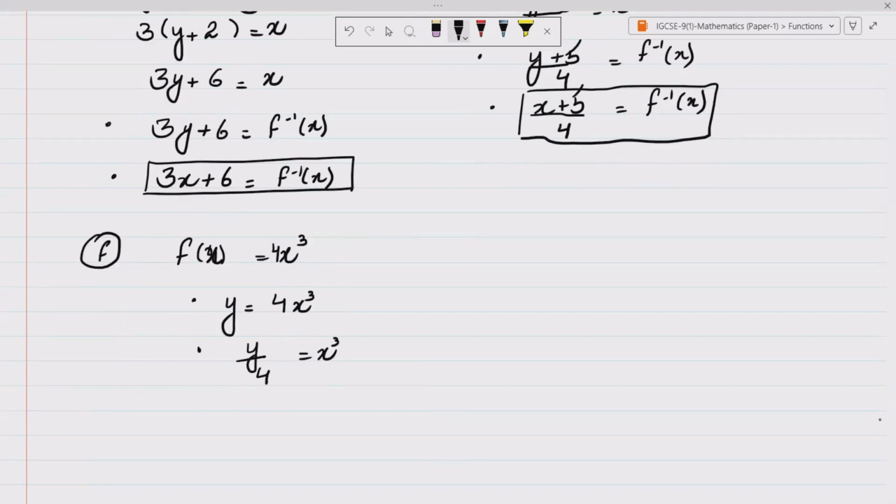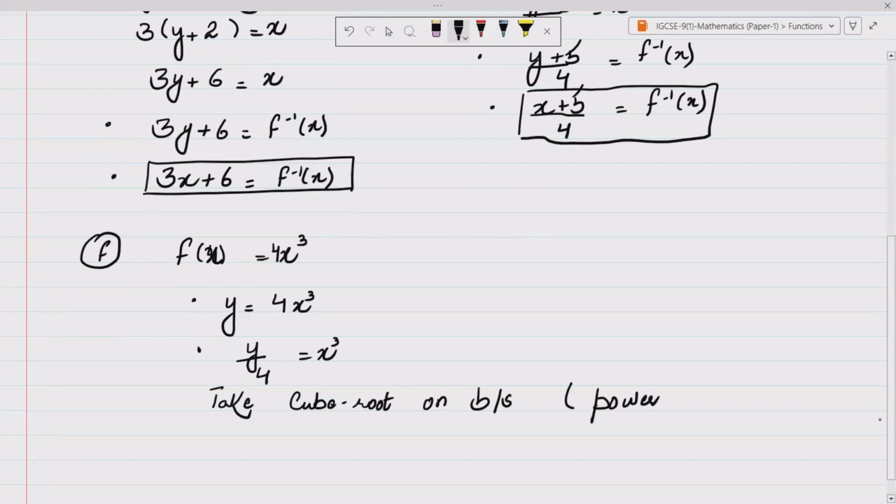Now to remove the power, we have to take 1 upon 3, right? Cube root. So take cube root on both sides. So cube root means power 1 upon 3. Why are we taking power 1 upon 3 on both sides?